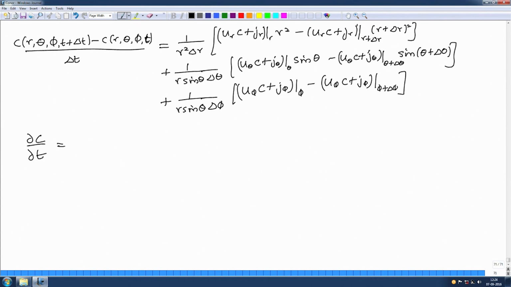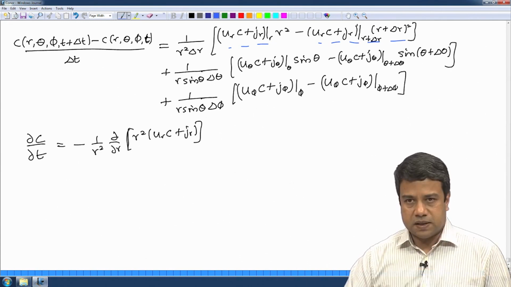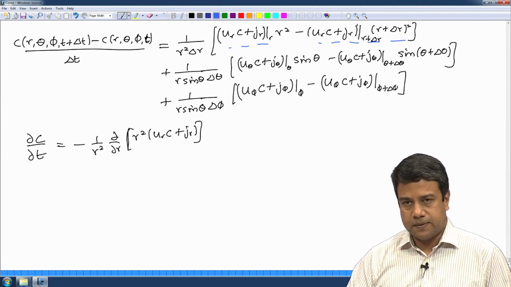So, this is equal to minus 1 over r square d by dr of r square into urc plus jr. If it had been the value at r plus delta r minus the value at r, I would have got a positive sign. This is the value at r minus the value at r plus delta r. So, I have a negative sign here.